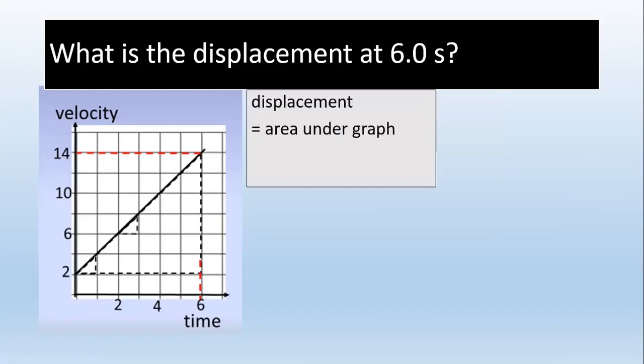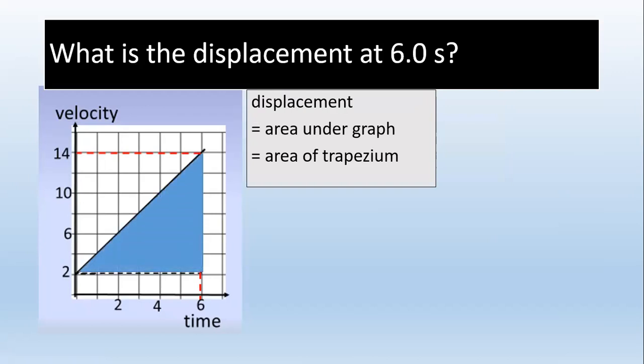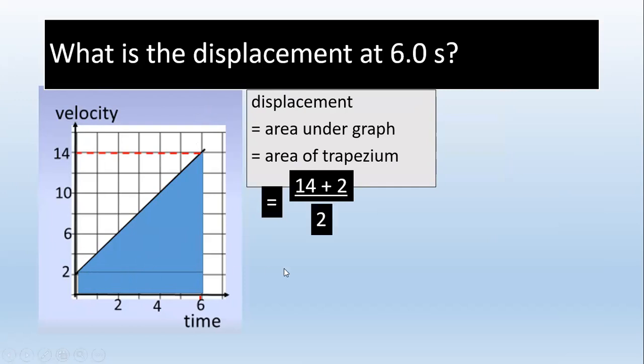Then you need to know from the velocity-time graph how to find the displacement. It's just the area under the graph: the area of trapezium, triangle, and rectangle. So the parallel sides are 14 plus 2, divided by 2, times the perpendicular distance, which is 6 minus 0.